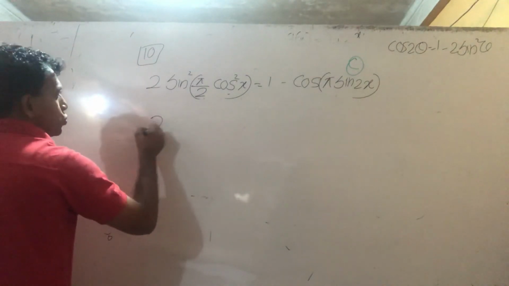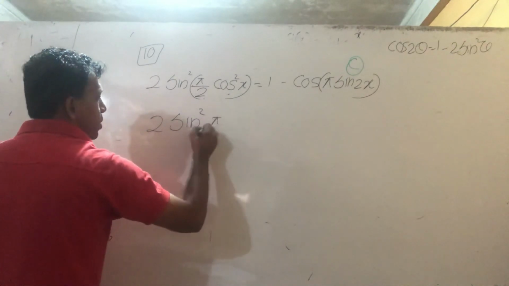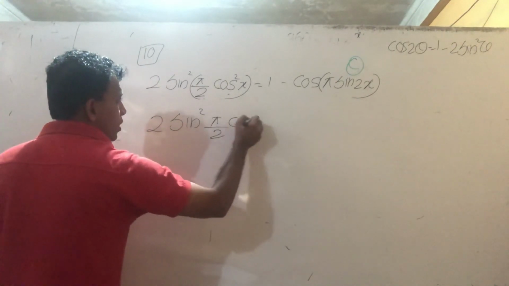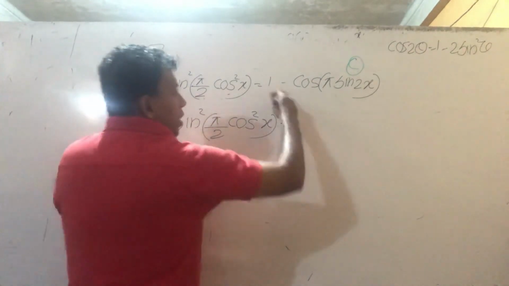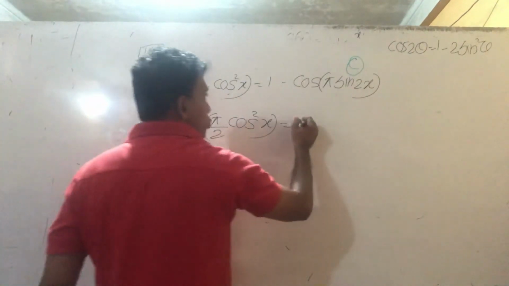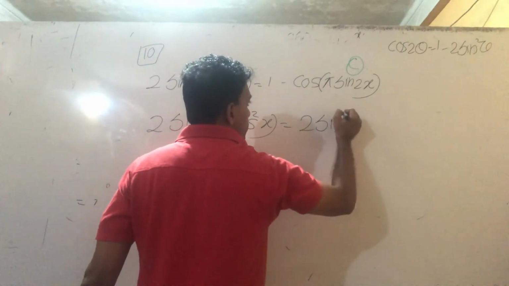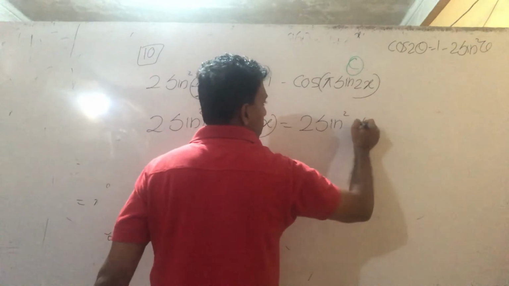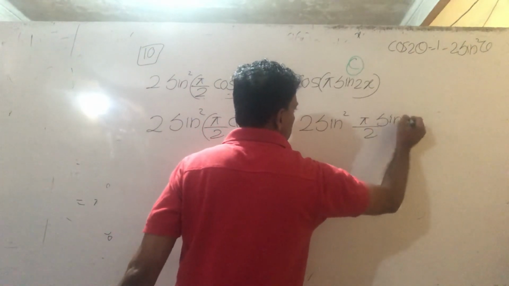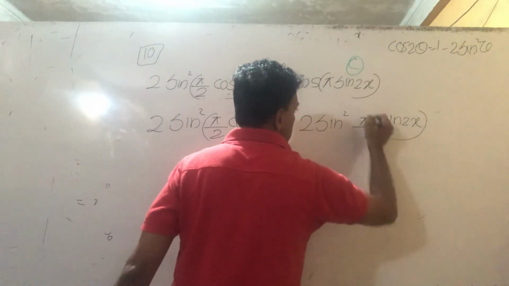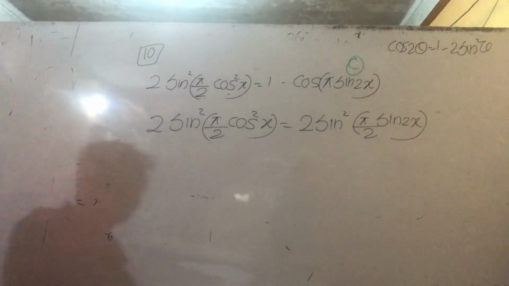So 2 sin²(π/2 cos²x) equals, by the double angle, 2 sin², this half, so π/2 completely half. Let me take the half out. Is it okay? π/2 sin 2x.